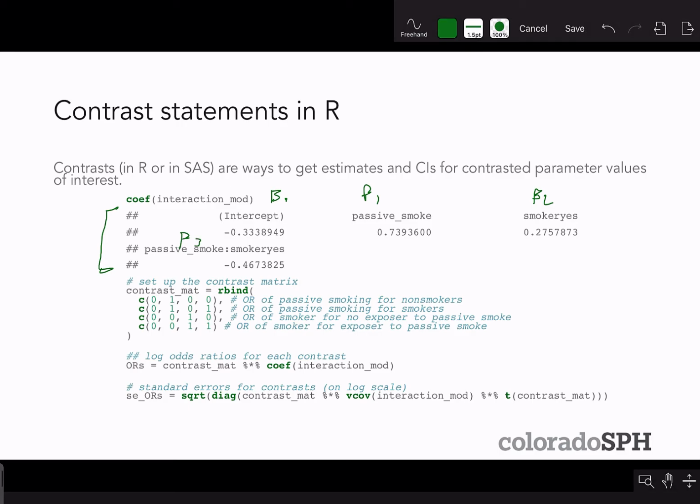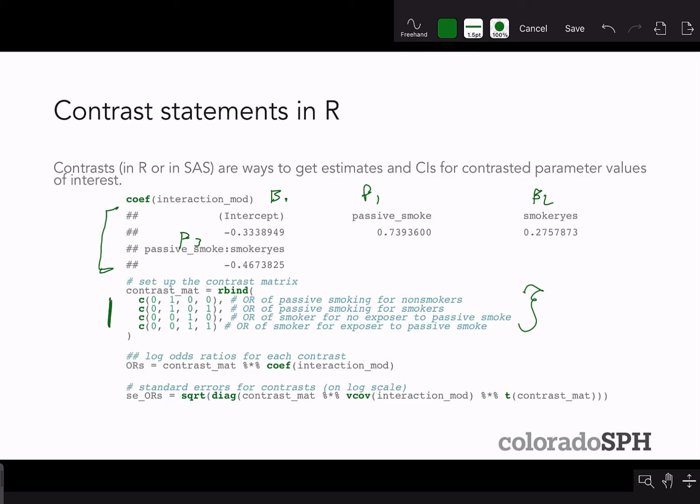And you set up a contrast matrix. In this case, we're going to set up a contrast matrix that will allow us to get confidence intervals and estimates for the odds ratio of passive smoking for non-smokers, the odds ratio of passive smoking for smokers, odds ratio of smokers for those who are not exposed to passive smoke, and odds ratio of smokers for those who are exposed to passive smoke.